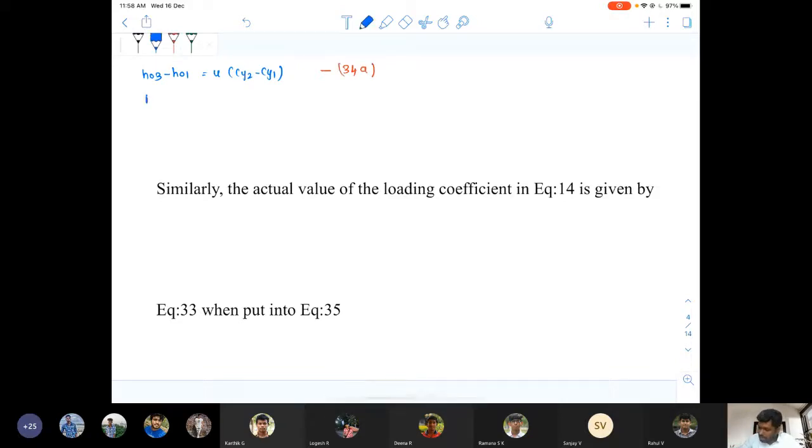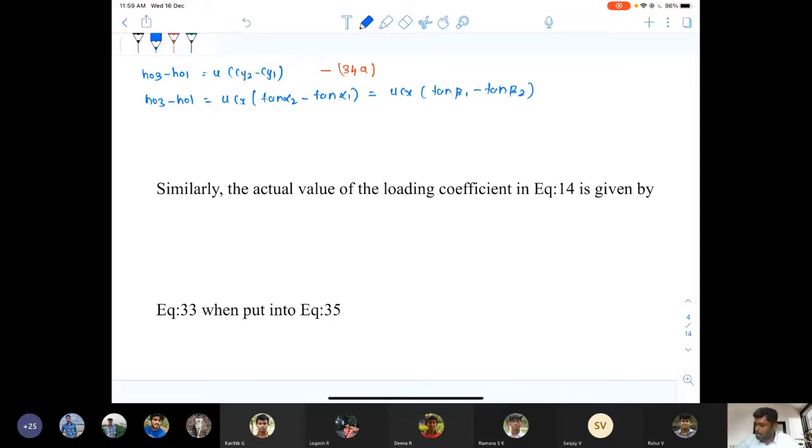And again, h03 minus h01 will be equal to U Cx into tan alpha 2 minus tan alpha 1, which is equal to U Cx into tan beta 1 minus tan beta 2.